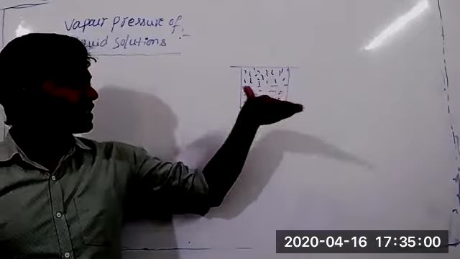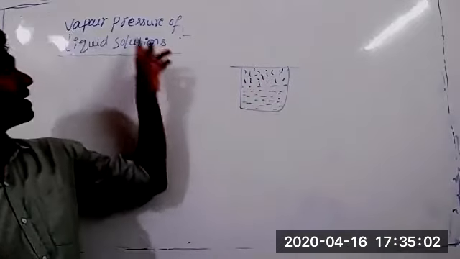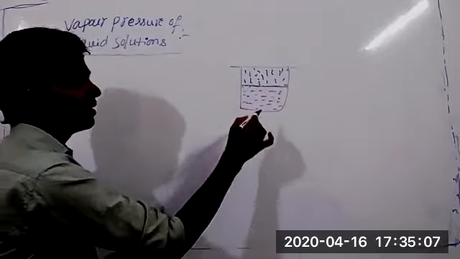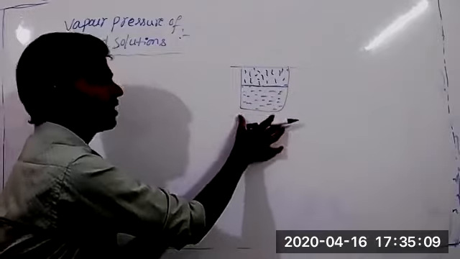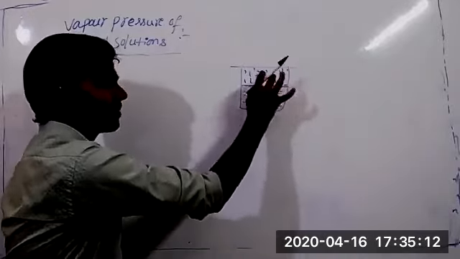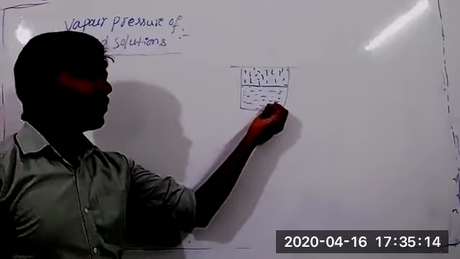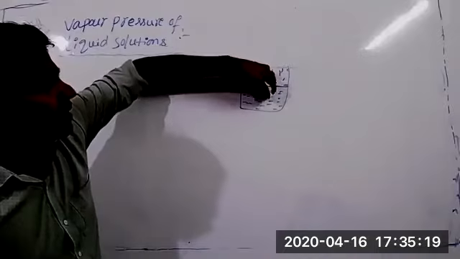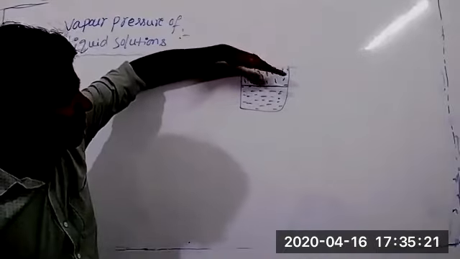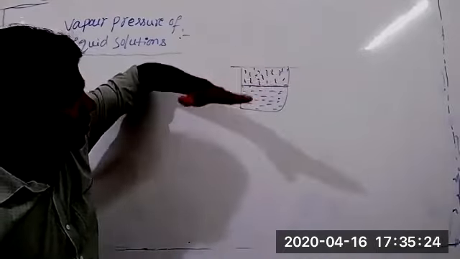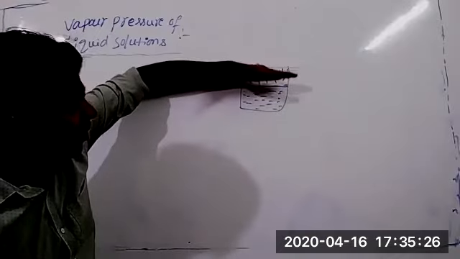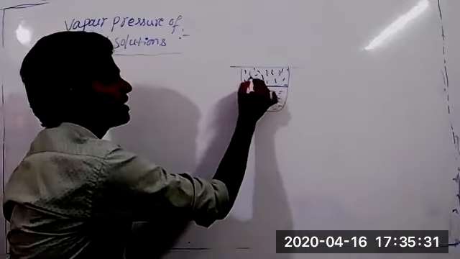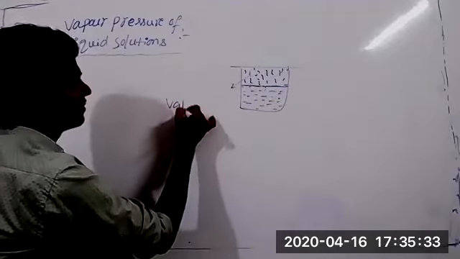This vapor causes some pressure over the surface of a liquid, that is called vapor pressure. Generally, if you take some water in a container or even a bottle, here we need to maintain some gap also. Any liquid you take is volatile; it converts to vapor. This vapor causes some pressure, it is called vapor pressure.